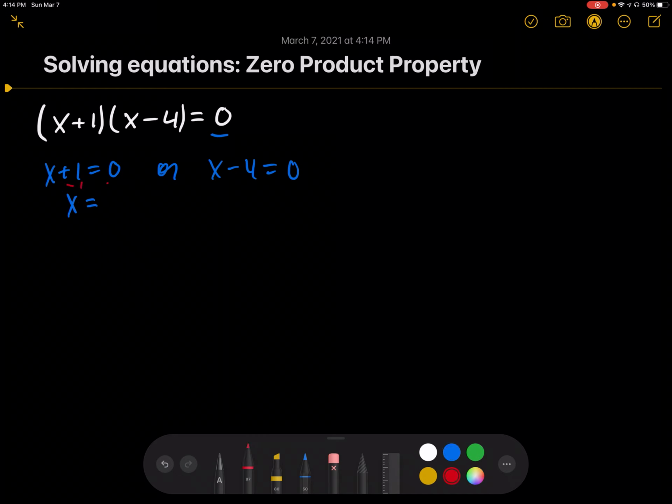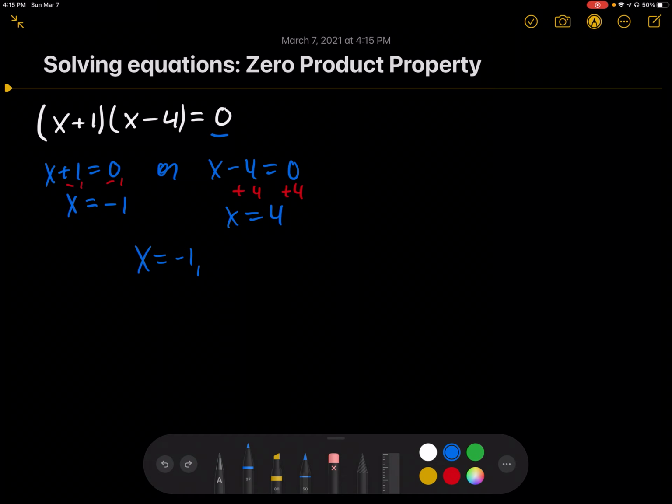You should be able to do this by now, but x equals -1 because I just subtracted 1 from both sides. And then over here, plus 4 and plus 4 on both sides, x equals 4. So that's really the final answer. And I usually like to write it like this: x equals -1, x equals 4.